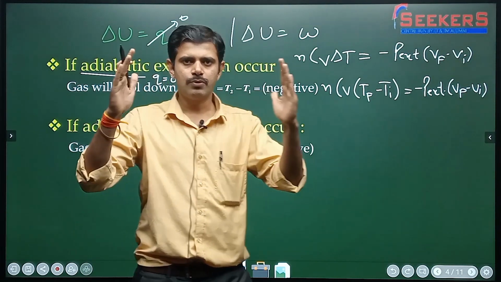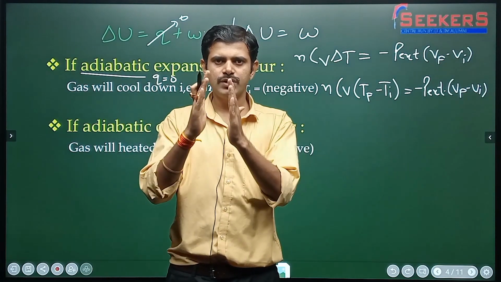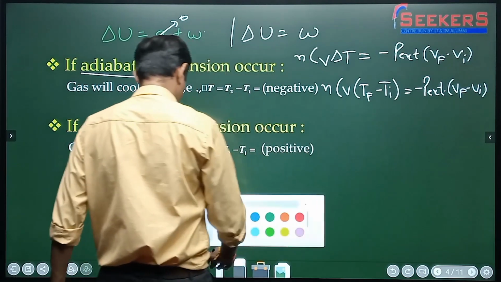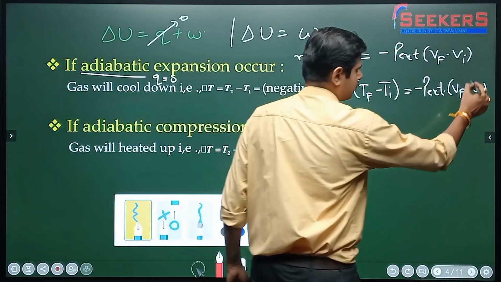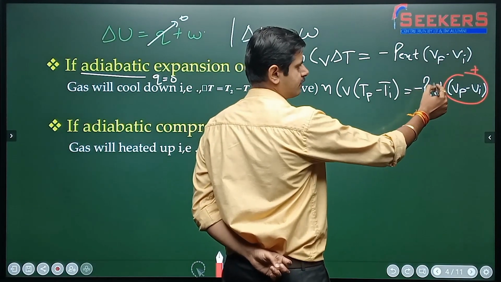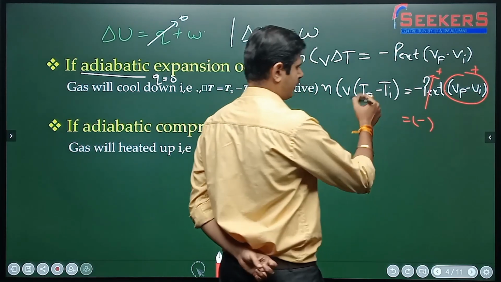Expansion means the volume is increasing, so the final volume will be greater than the initial volume. So V final minus V initial will become positive. Now already there is a negative sign, pressure will be positive, so this overall thing will become negative.